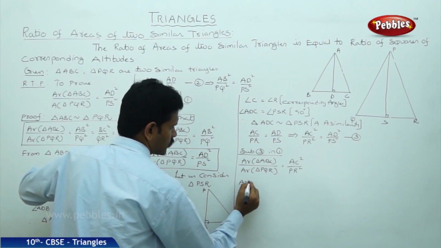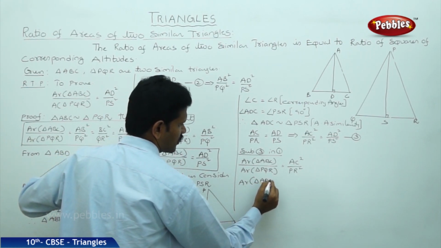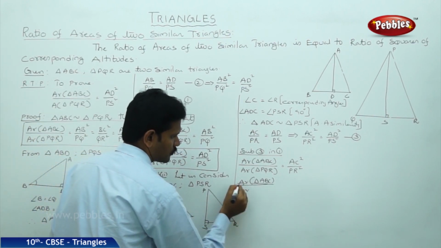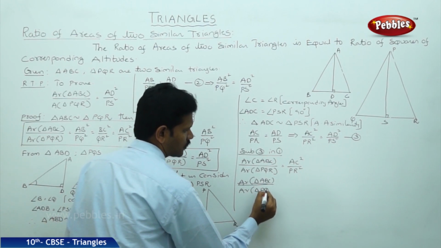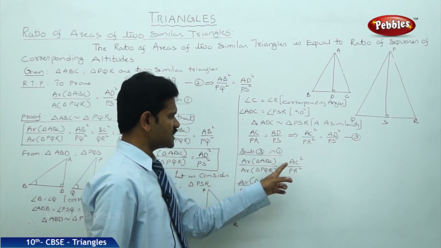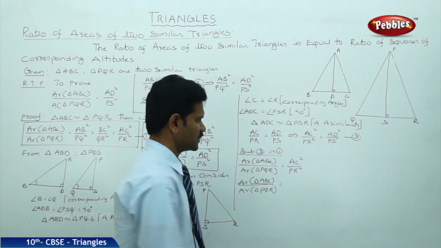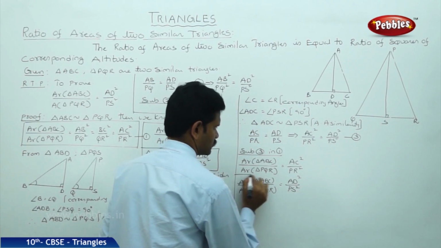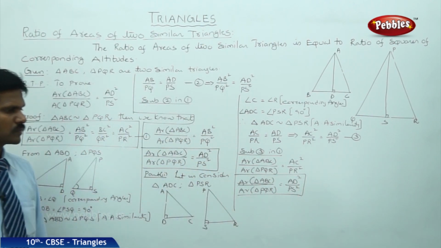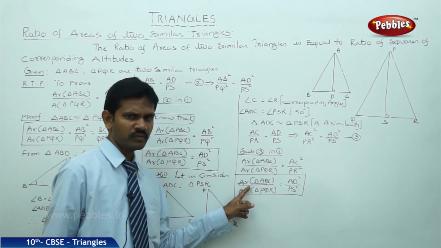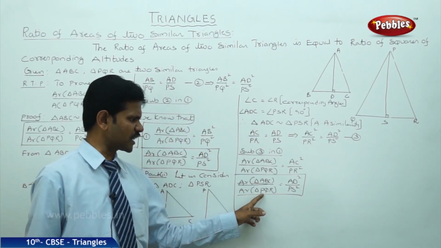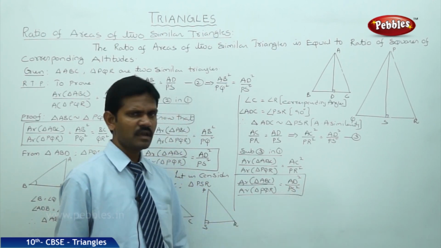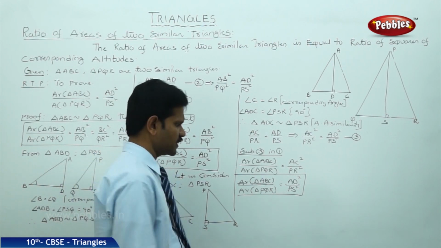Therefore, area of triangle ABC by area of triangle PQR is equal to AC square by PR square, nothing but AD square by PS square. Therefore, ratio of areas of two similar triangles is equal to ratio of squares of corresponding altitudes. Now part 2 is completed.